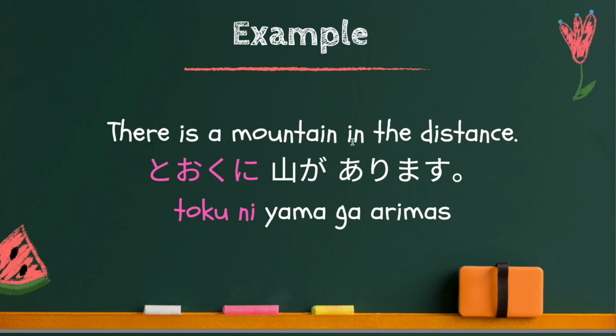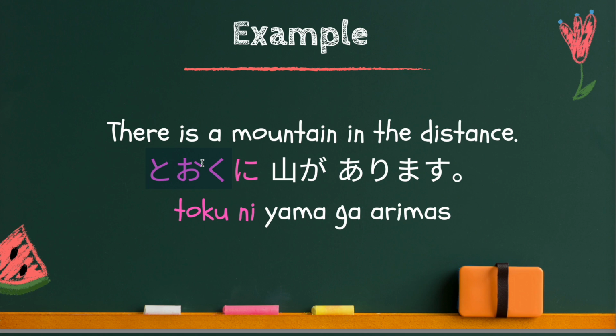There is a mountain in the distance. 遠くに山があります。So, usually when you use a location word, the grammar format should be a noun, no particle, then the location word. Like, near the station is 駅の近く。But when you use 遠く, most of the time we use 遠く by itself.